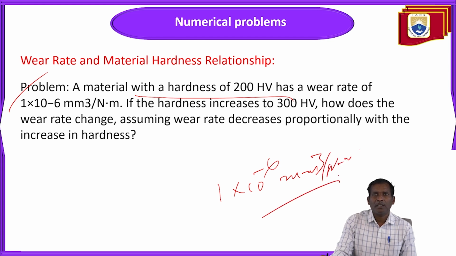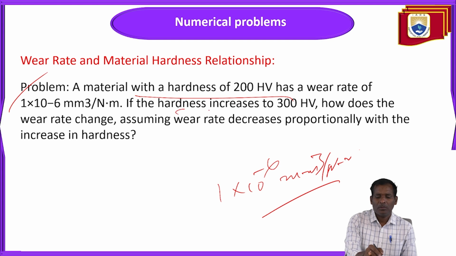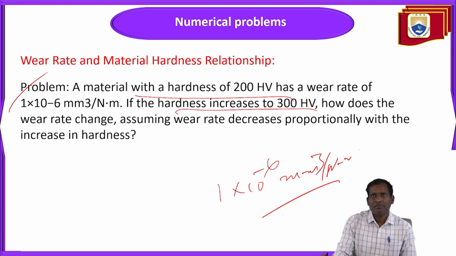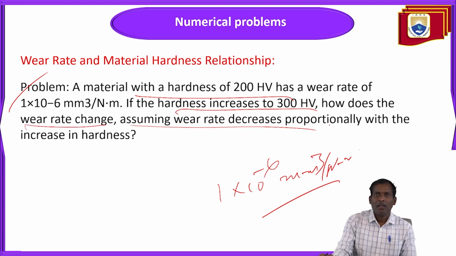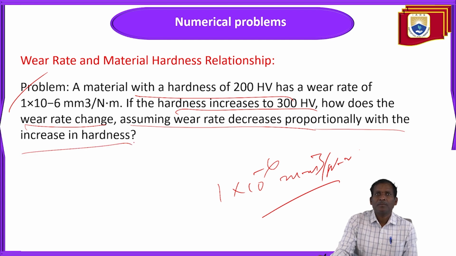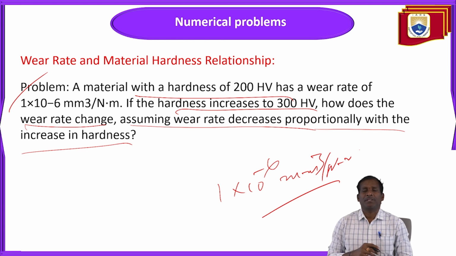If the hardness increases to 300 HV, how does the wear rate change? Assuming the wear rate decreases proportionally with the increase in hardness. So what is asked: how does the wear rate change?